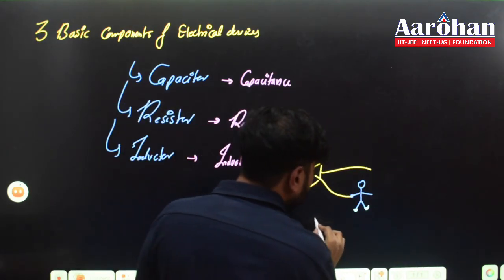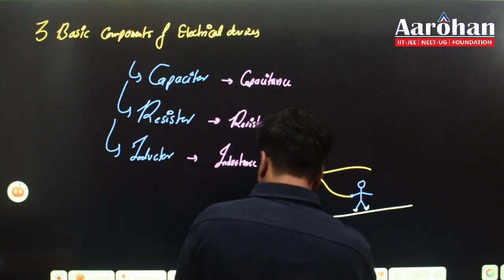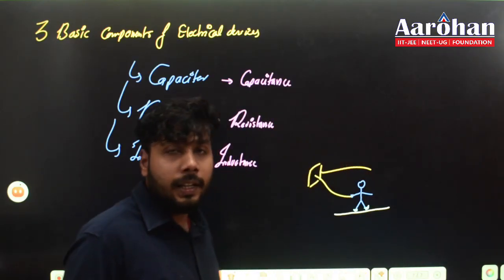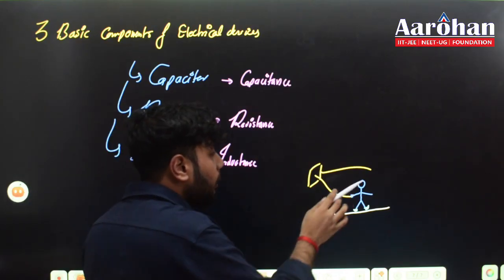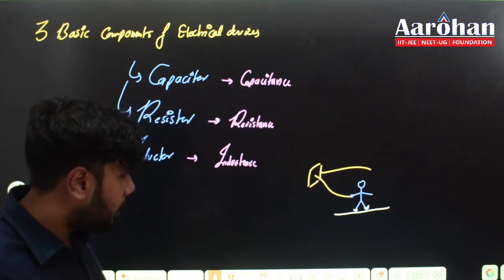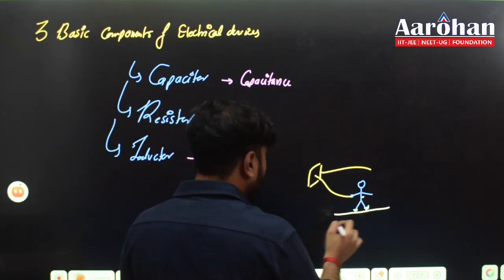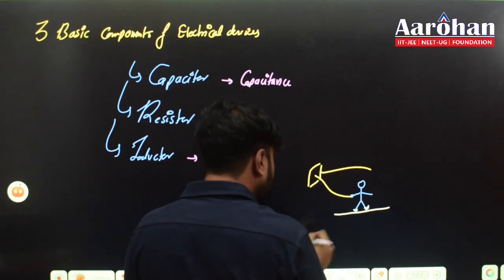Why? Because the human body is not very conductive, but it still has some partial conductiveness. You are a very bad conductor, yet you are a conductor, and ground is a very good conductor, and you and the ground are separated by an insulator.